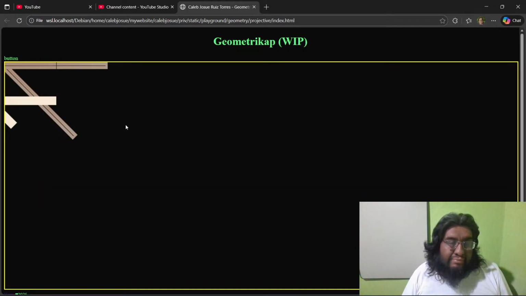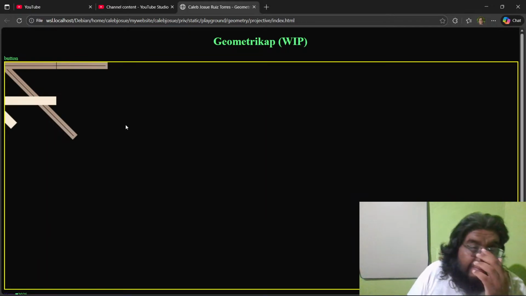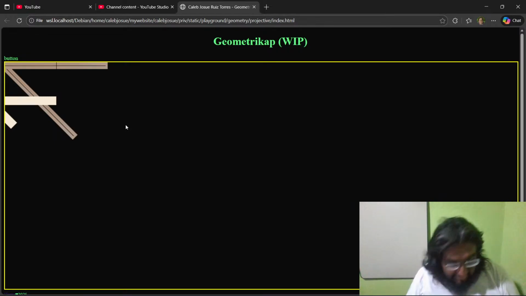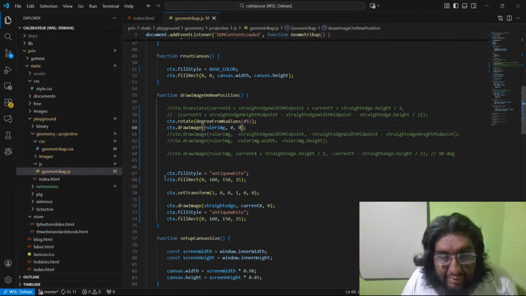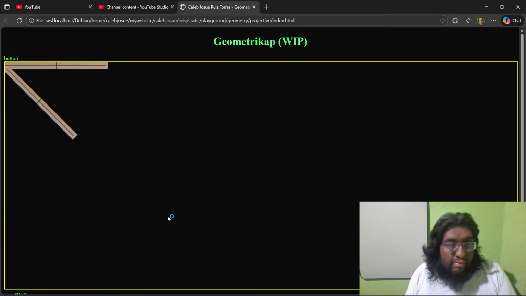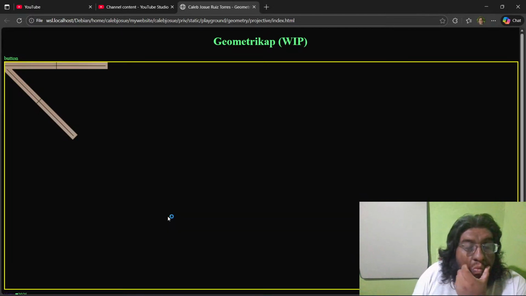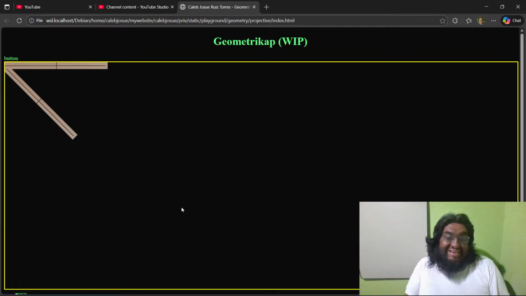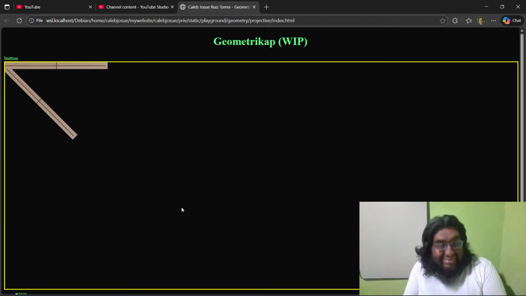Now let's express this. The easy way out is to really not use the center of the image as the rotation point and just translate.